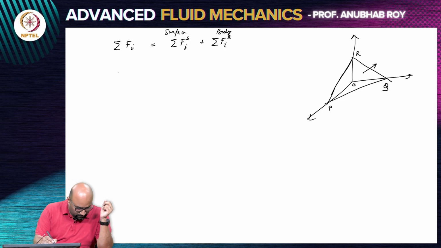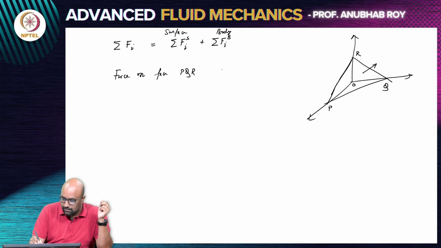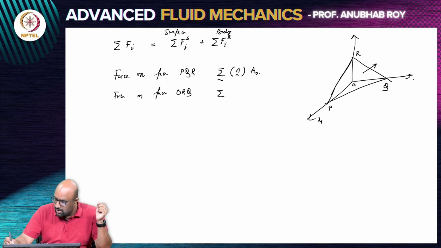So the force on face PQR is going to be sigma n and A naught. The force on face ORQ is going to be, so this is x1, x2, x3.